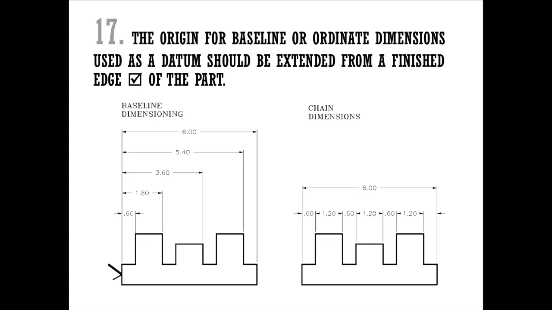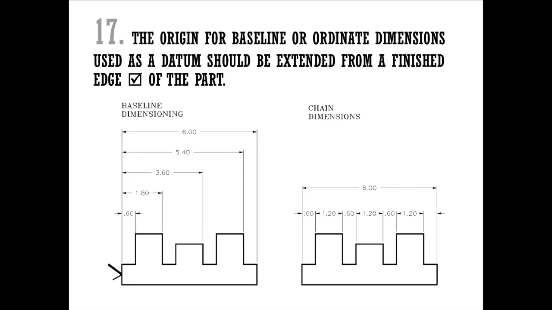Rule number 17. The origin for baseline or ordinate dimensions used as a datum should be extended from a finished edge of the part. So we are going to be using baseline dimensioning in this class. Chain dimensioning you want to avoid. The main reason is because it increases the amount of tolerance as you go. So let's just say our first dimension is off 0.001.